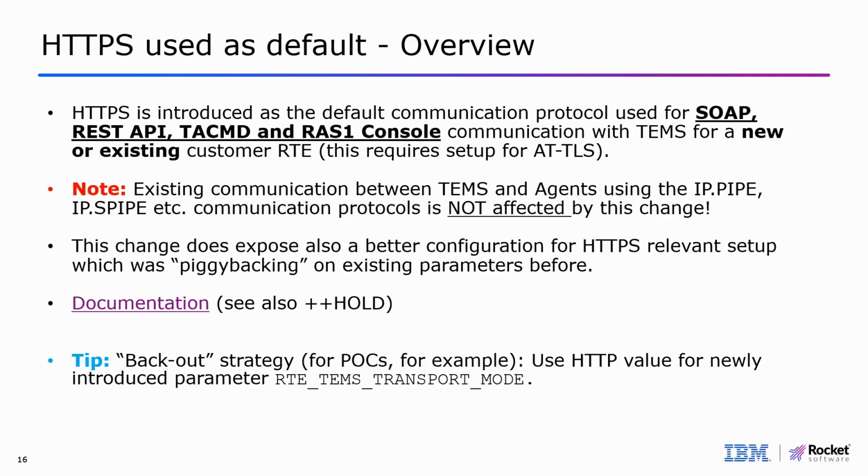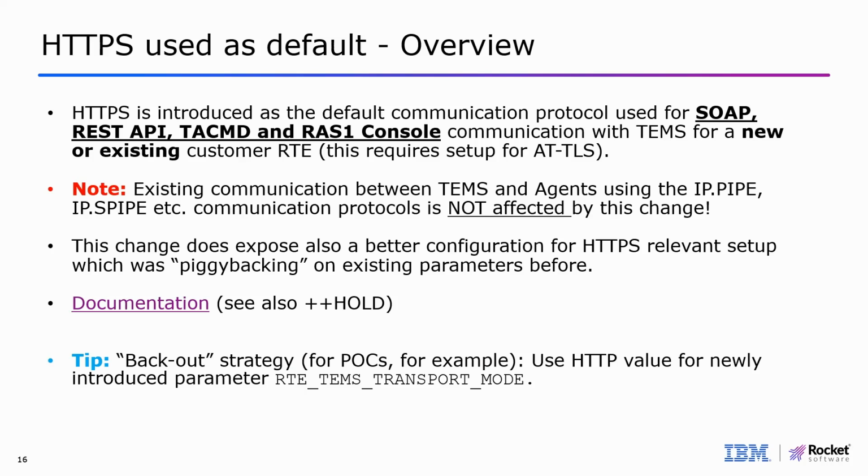So what we did here is for the SOAP, REST API, TA command, and RAS1 console components that communicate with the TEMS, as you know, through a hypertext protocol, we changed the default communication protocol for those components to HTTPS.